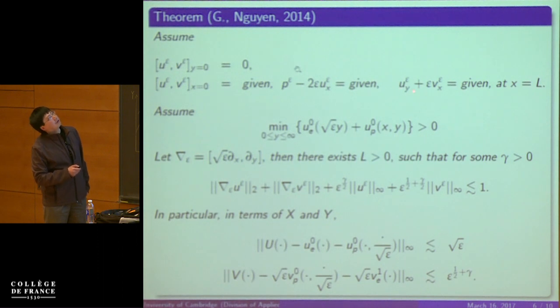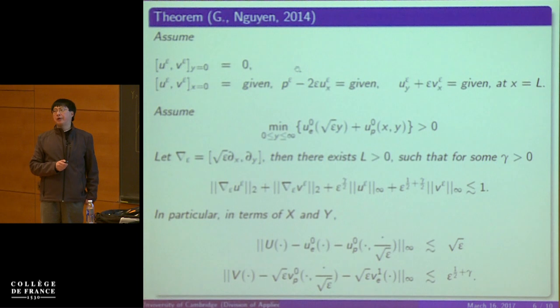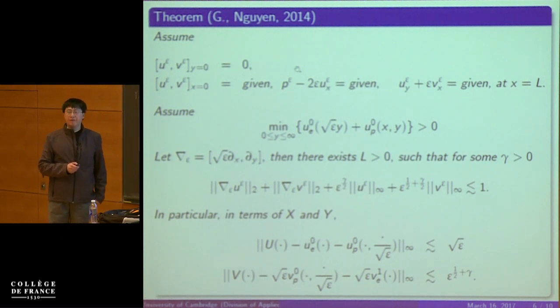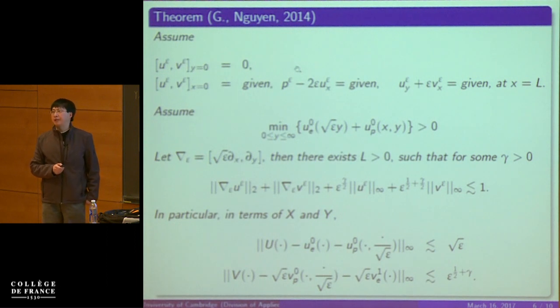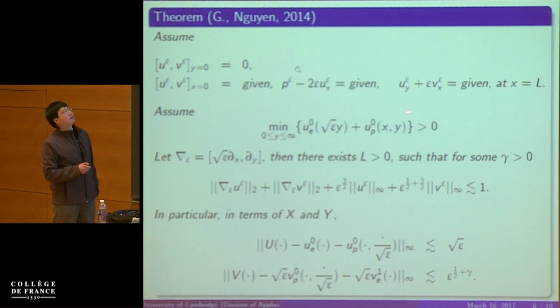And this funny combination of derivatives is also given. When these are 0, these conditions are well known. It's the so-called Neumann boundary condition for the Navier-Stokes flow, or people also say stress-free boundary condition. But here this is not homogeneous.